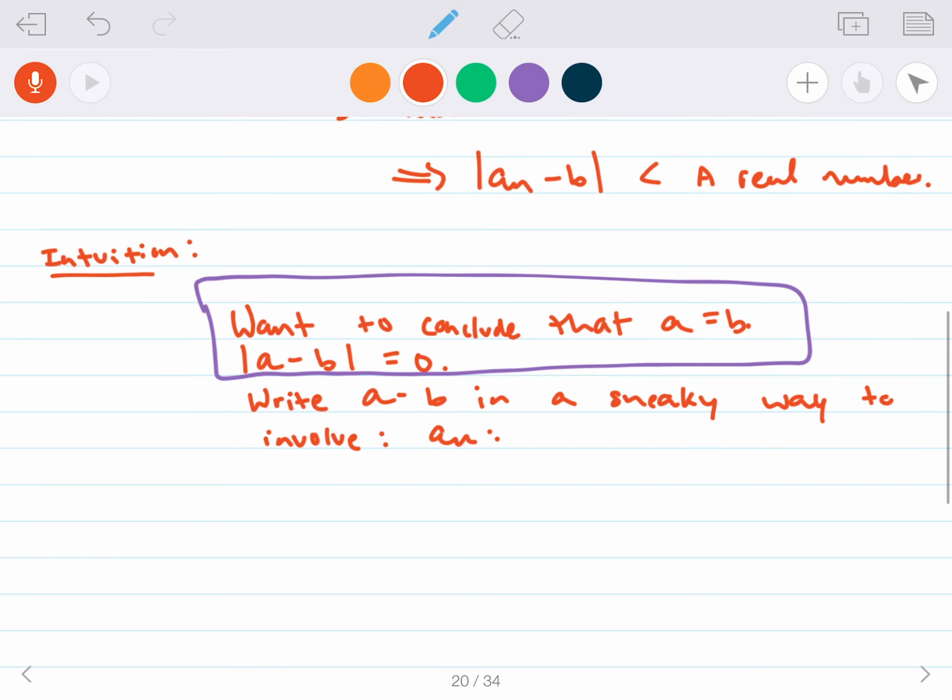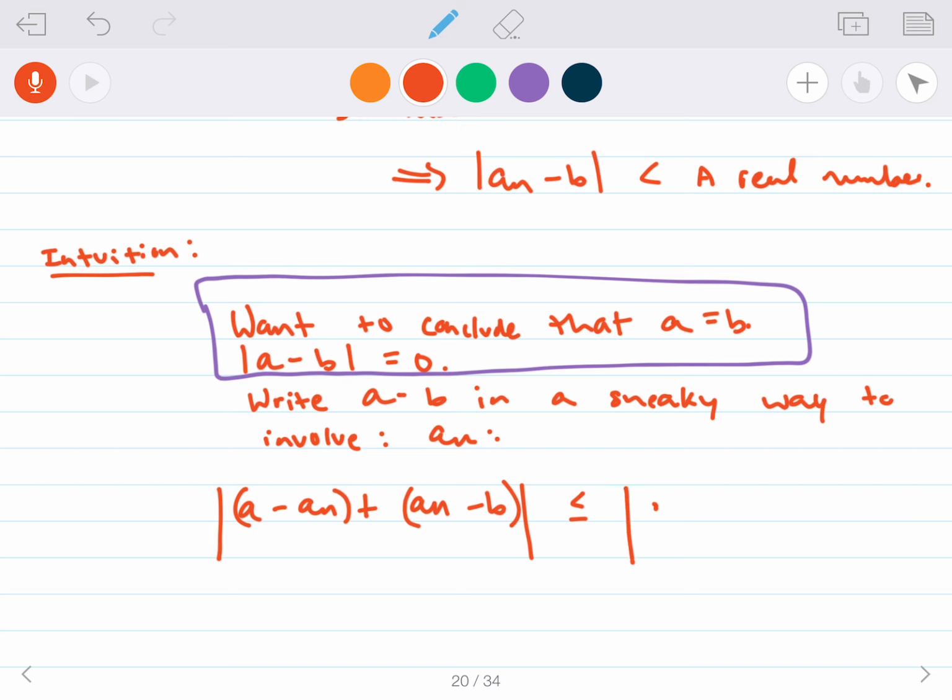Okay, and how am I going to sneakily write A minus B involving A sub n? Well, triangle inequality. I'm going to write A minus A sub n plus A sub n minus B. And this is the same thing as A minus B. These cancel, right? And so I'm going to use the triangle inequality to say that this is less than or equal to, well, the absolute value of this term plus the absolute value of this term, right?